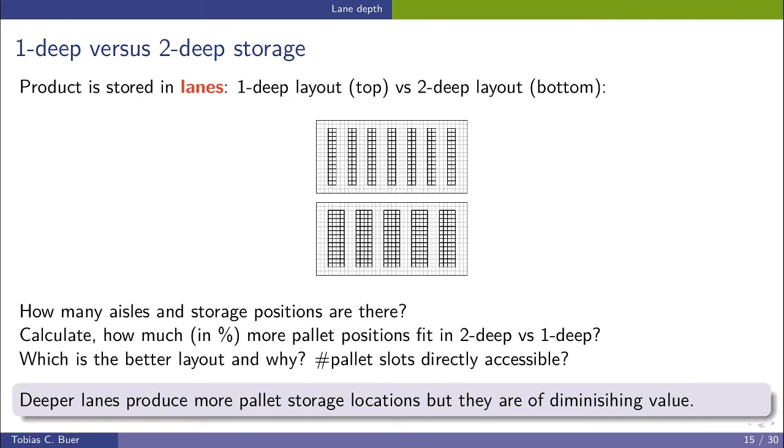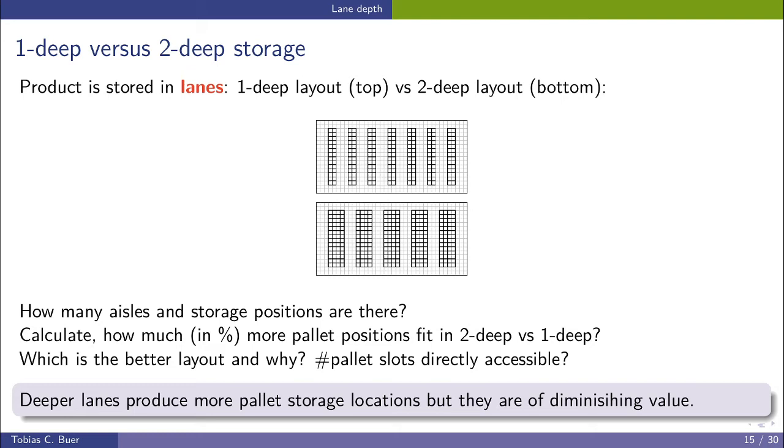So let's look at an example of 1 deep versus 2 deep storage. What does this deep storage mean? You see here two basic layouts of a warehouse from the bird's eye view. In the upper picture we have 1 deep lanes.